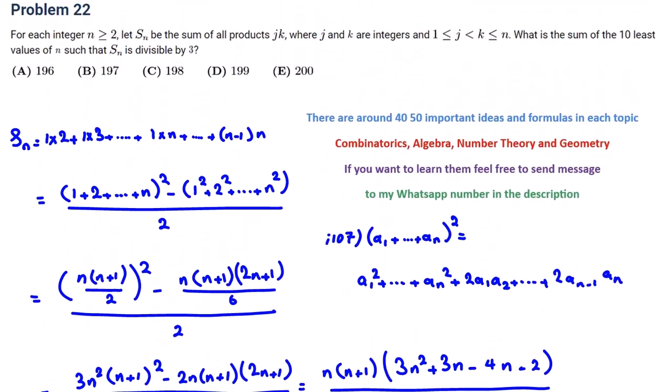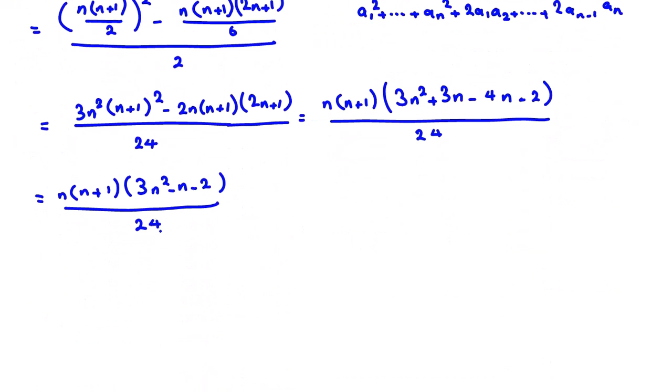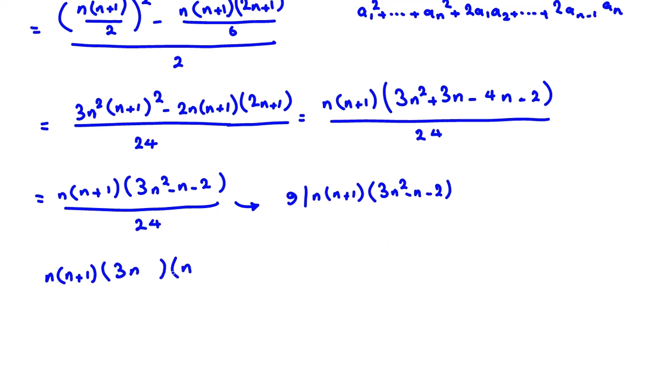Now we want Sn to be a multiple of 3. Because in the denominator we have 3, we can conclude 9 should divide n times (n plus 1) times (3n squared minus n minus 2). Now we can also use mods. Also, I will tell you important properties of modular arithmetic. Can we factorize 3n squared minus n minus 2?